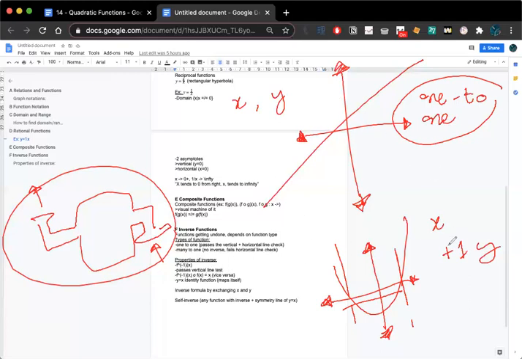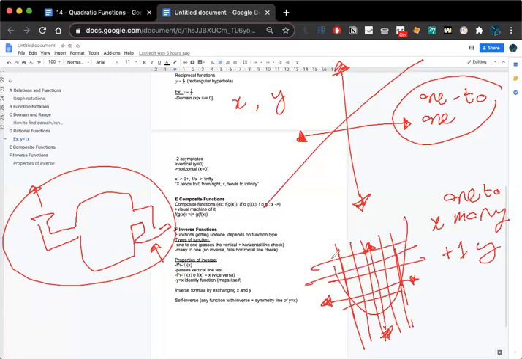Okay, so a way to identify the one-to-many function would be to do the horizontal and the vertical test. If it fails the horizontal test, basically the horizontal test is similar to the vertical test, where you draw horizontal lines and see how many intersections they have in the graph.